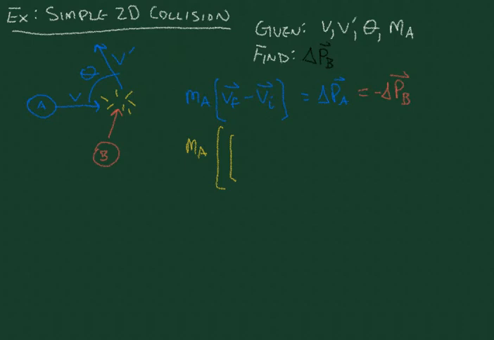So we have an x component and a y component. You can see why we spent so much time on vectors before, because now we need that.